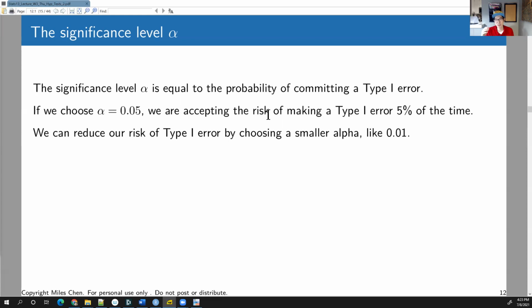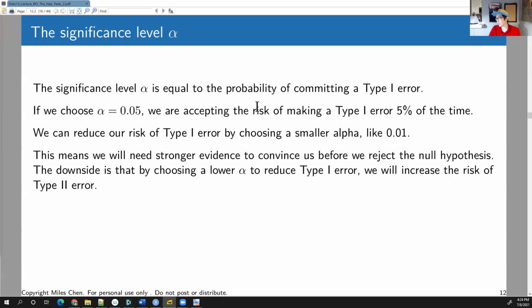So we talked about the difference between a 95% confidence interval and a 99% confidence interval, and we said if you're willing to be only 95% confident, you can reject certain values. If you want to be 99% confident, then you have to be more cautious, and you're not going to be rejecting all of these values. And so if you really want to reduce the risk of type 1 error, you can choose a very small alpha, but then you're going to be extra cautious, and you will hardly be rejecting any values, and you would need an inordinate amount of data before you start to reject the null hypothesis.